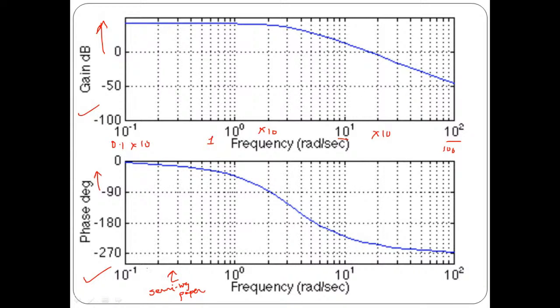Because the x-axis is constituted by a logarithmic scale, whereas the y-axis is a simple normal axis. That's why it is called semi-log paper. And as I told you, frequency we need to indicate on the logarithmic scale. That's why we need to take semi-log paper. This is very important.